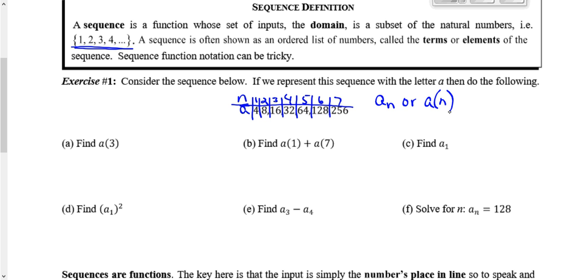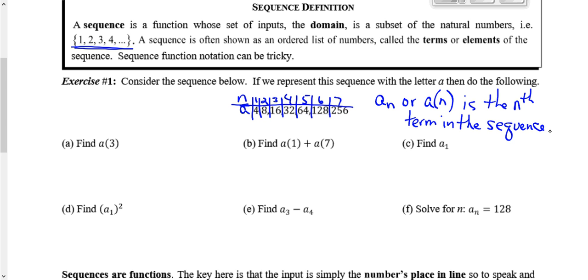So either one of these is the nth term in the sequence, okay? Okay, so it's not too horribly confusing, I don't think, right? And now for each term in the sequence, there's a rule that gets you from the first term to the second term to the third term, etc., right?